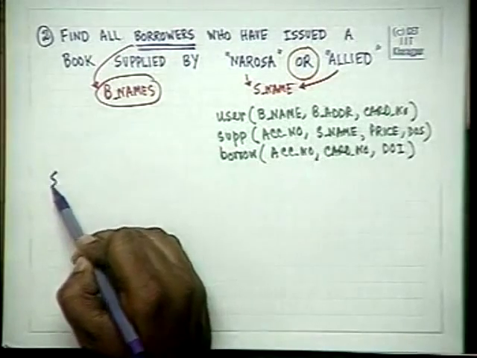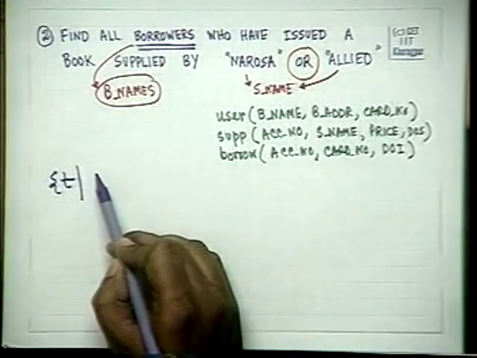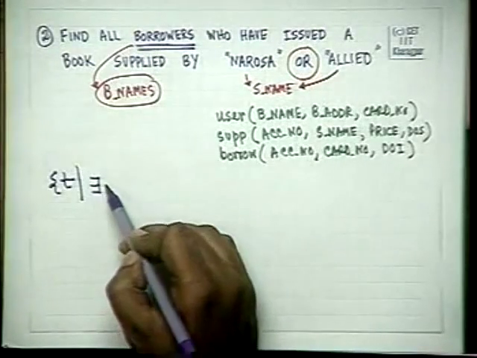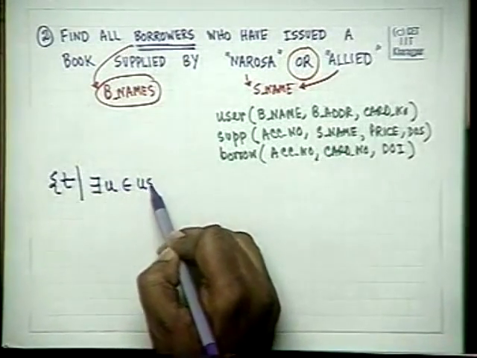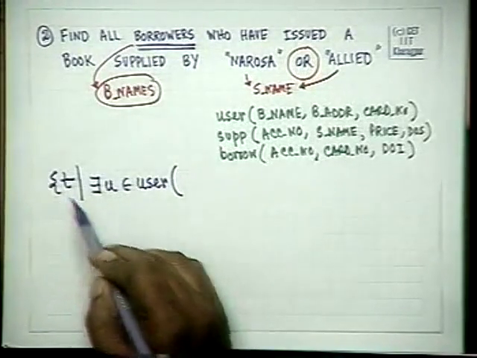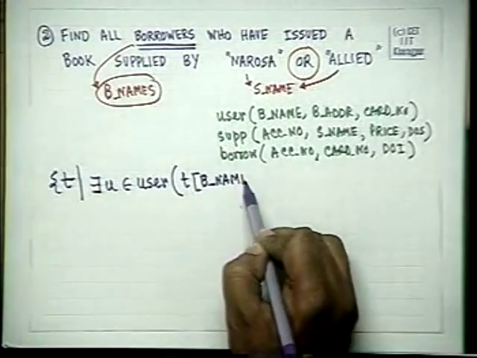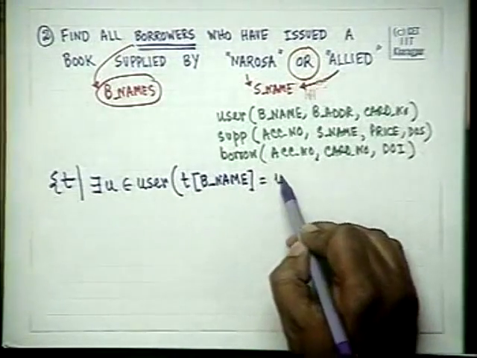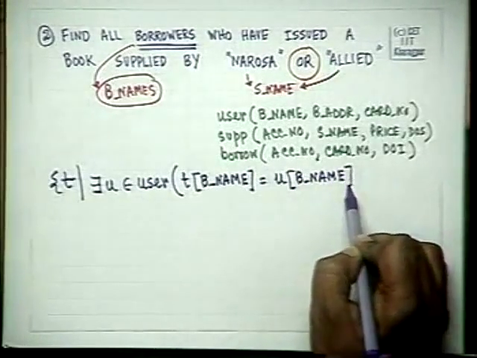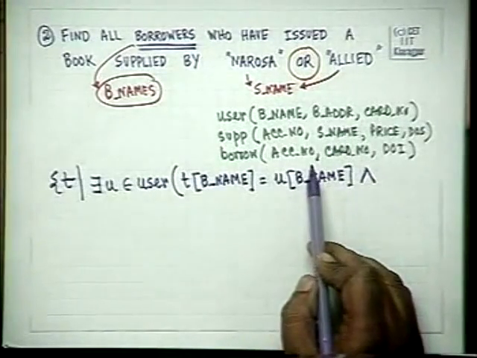Here what we will do is, we will have T such that there exist U element of user, and for that T we have only one attribute, the name must match, and then this person must have borrowed some book.